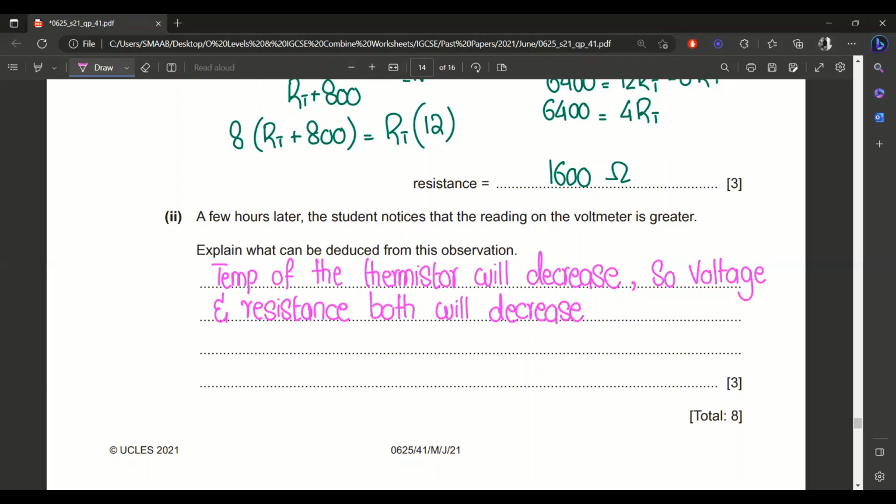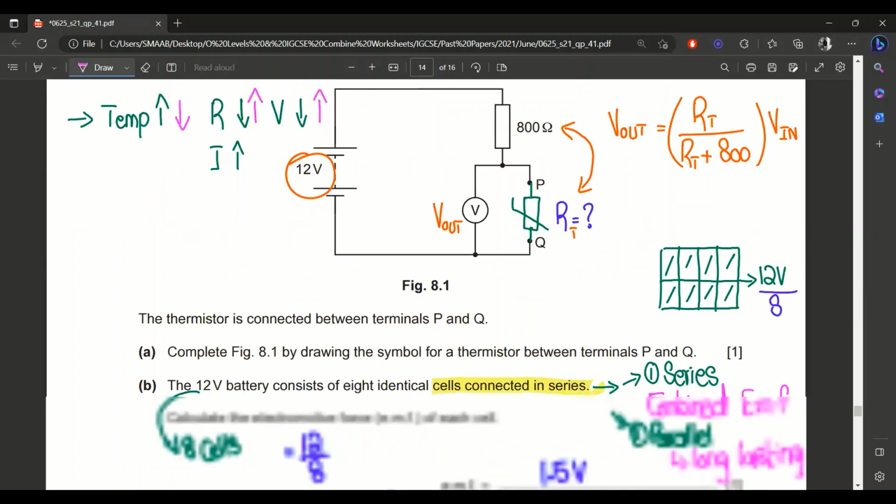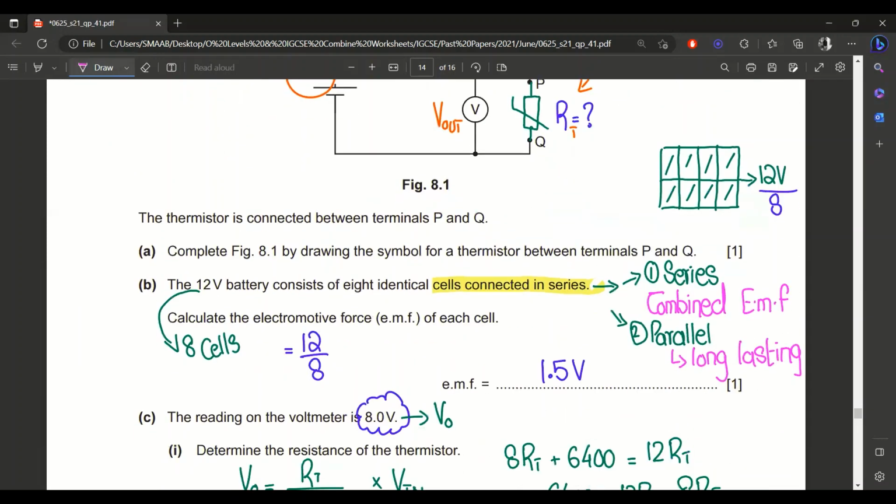Okay, so that is reverse. Both will increase, because in the above statement we discussed that if the temperature is increased, resistance and voltage will increase. So basically a thermistor works in the opposite way compared to the filament.